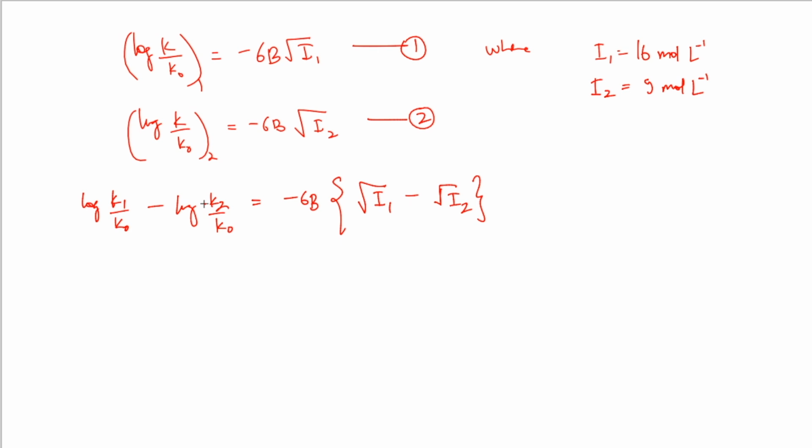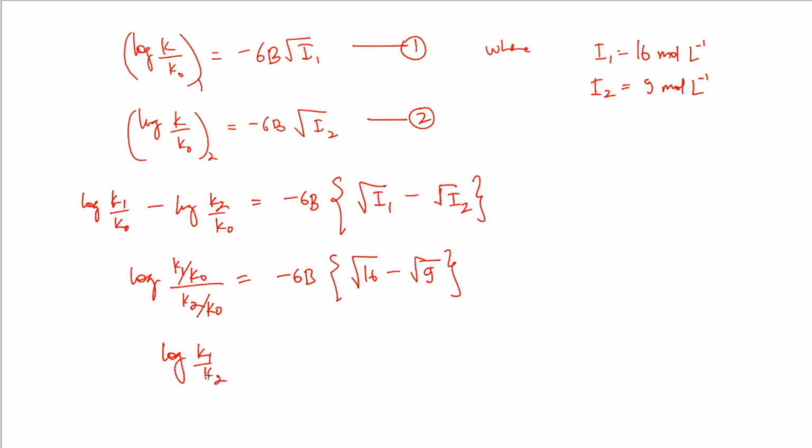You know log A minus log B is log A upon B. If you divide them, this will become log K1 upon K naught divided by K2 upon K naught. On this side I will substitute the values, that will be under root 16 minus under root 9, and on this side K naught will cancel out, you will get log K1 upon K2.